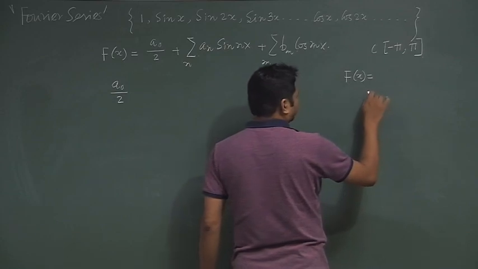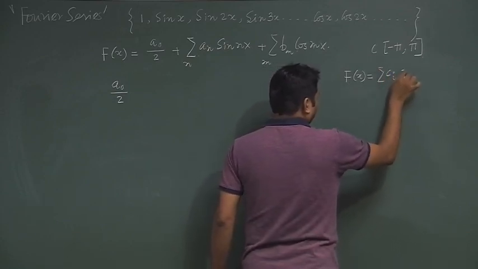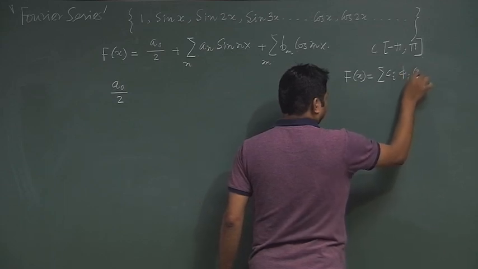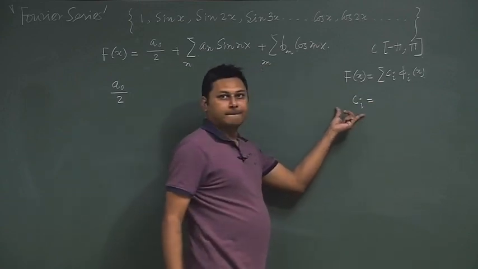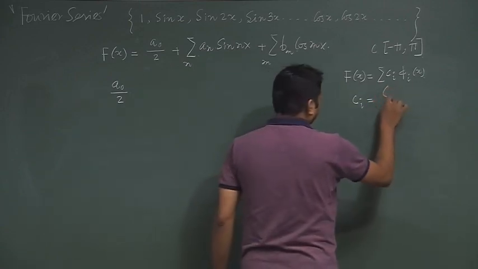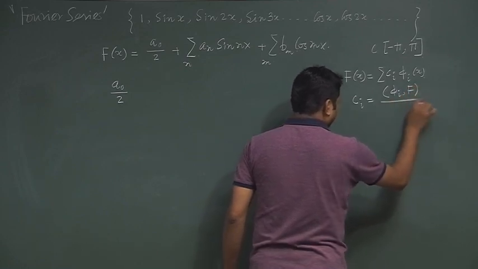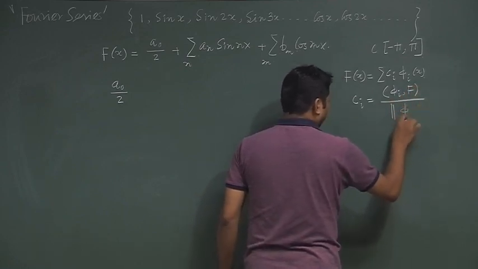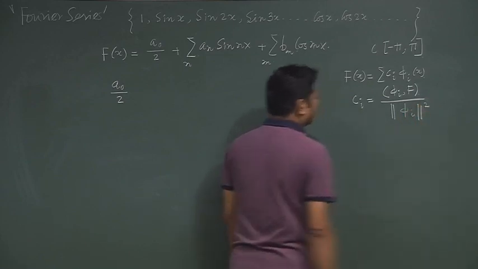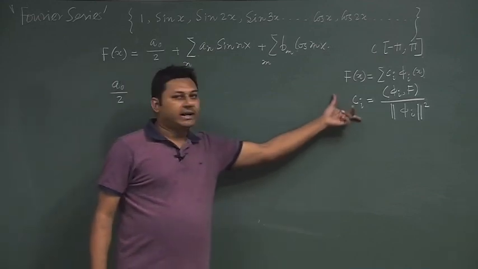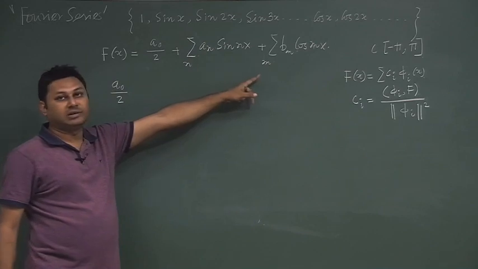What we found just a few minutes ago is that if the function is represented like this, my c i will be the inner product of this quantity divided by the norm of this quantity. This is the Fourier coefficient. So, I am trying to find these coefficients, which are the Fourier coefficients.